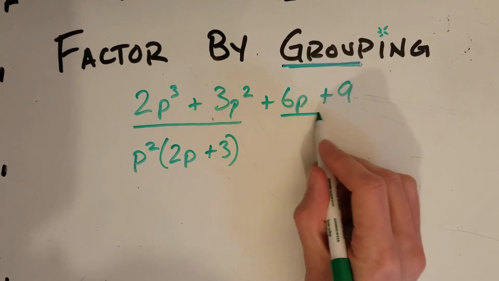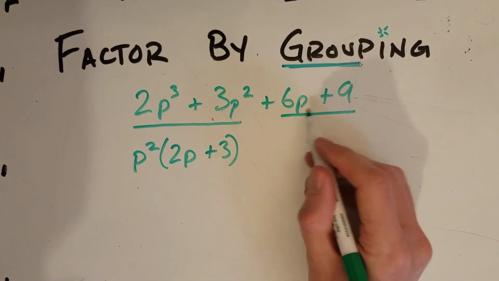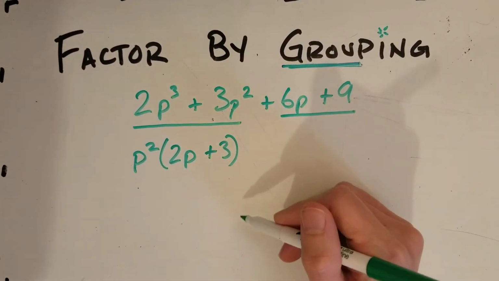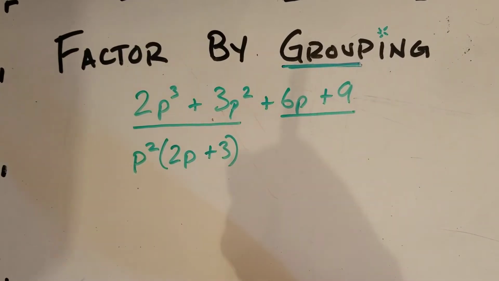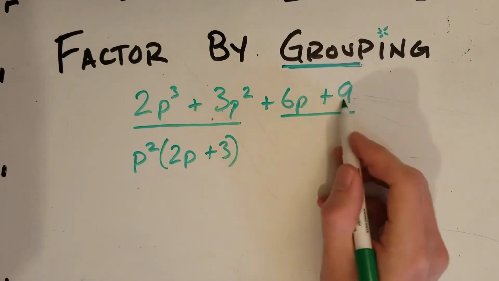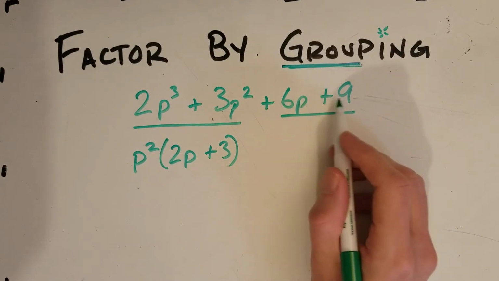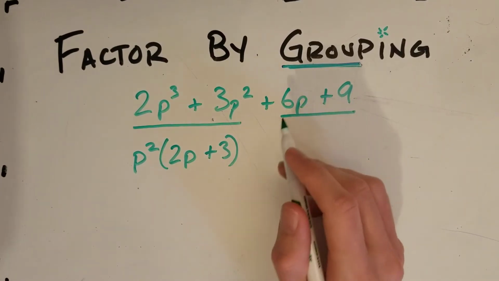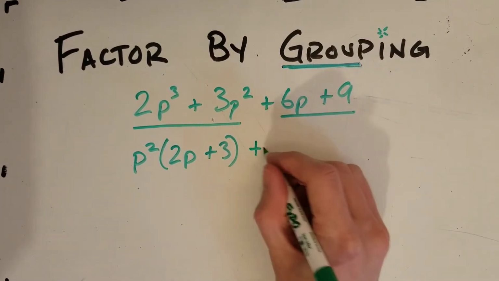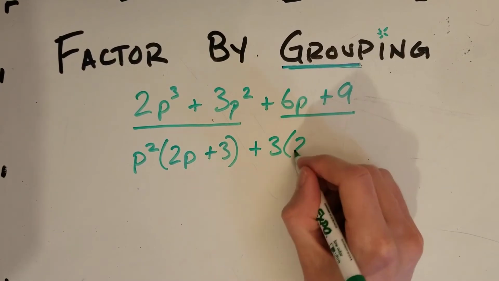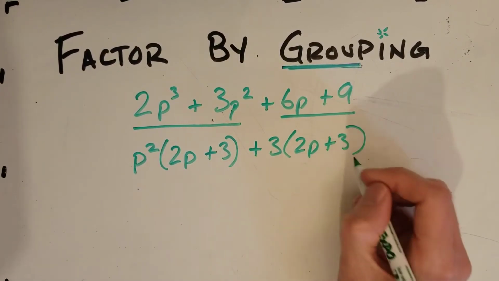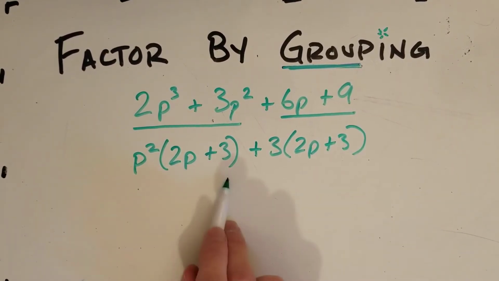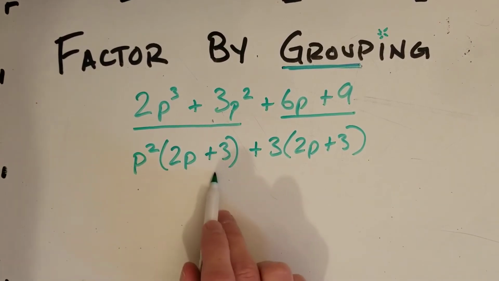Then let's look at these two terms. 6p and 9. Is there anything they have in common? Well, only one of them has a p, so there's no p's. But there is a common factor with 6 and 9. That would be a 3. So if you pull a 3 out, you're left with 2p plus 3, which is exactly what we want because that's the binomial we have over here.